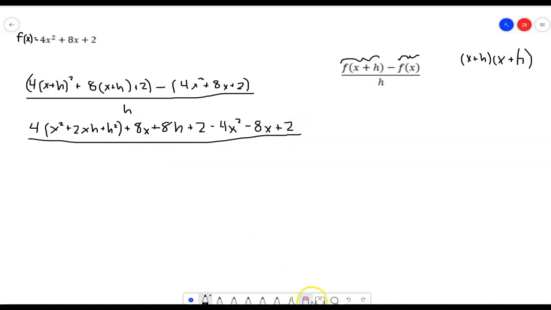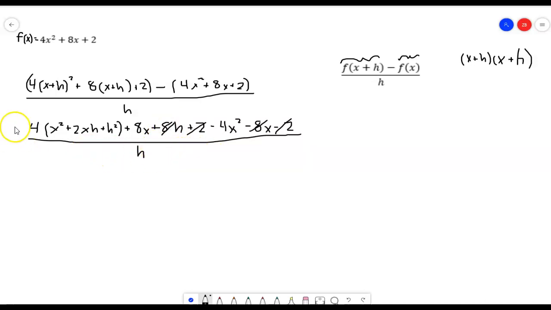Oh, that's right, here should be a minus 2. I forgot to take the minus sign of that, just distributing that minus, all over h. Now this minus 2 will cancel out with this plus 2. This minus 8x will cancel out with this plus 8x. And that's all I've got right now.